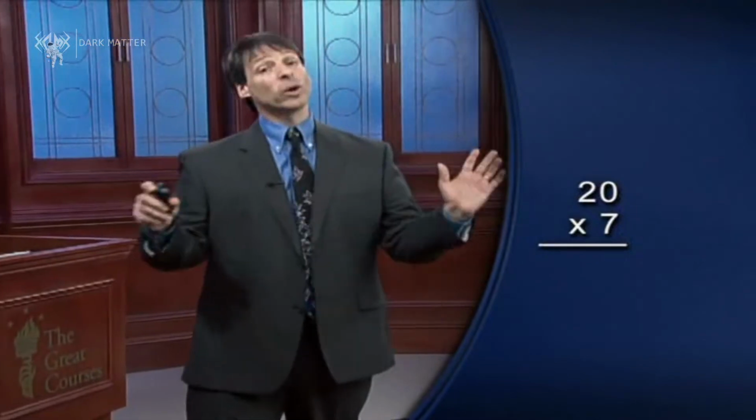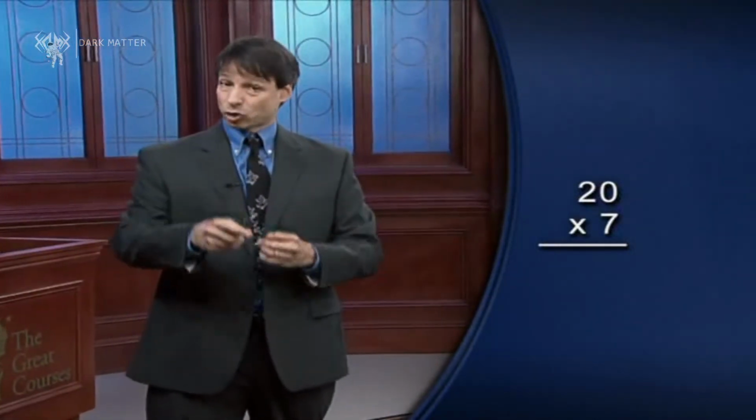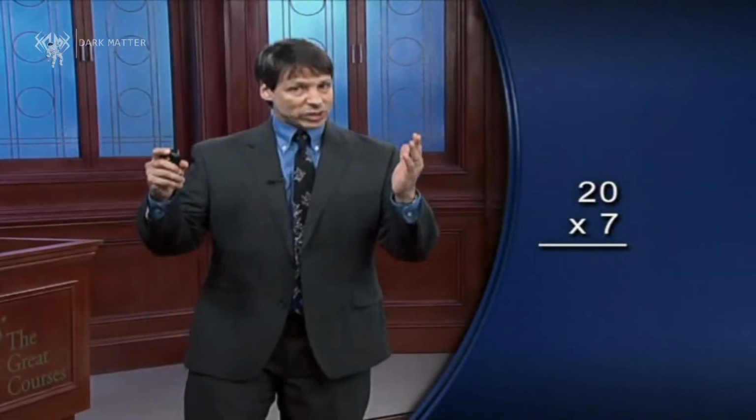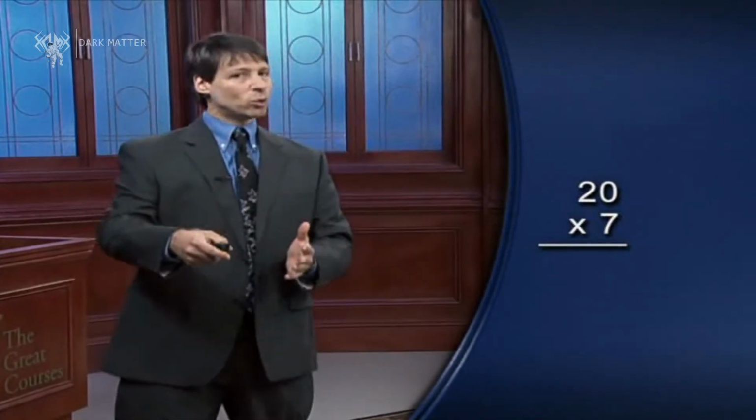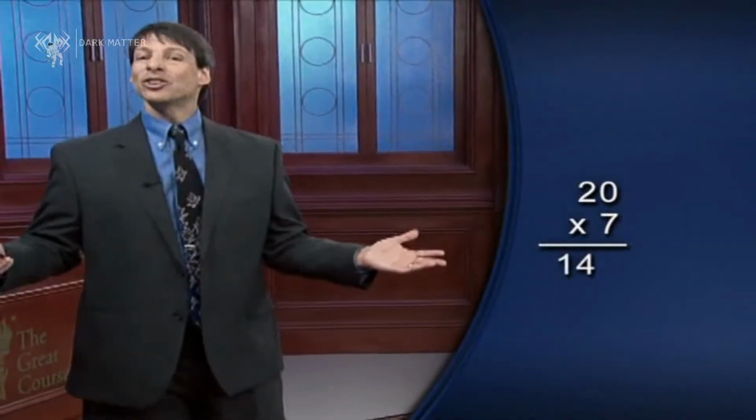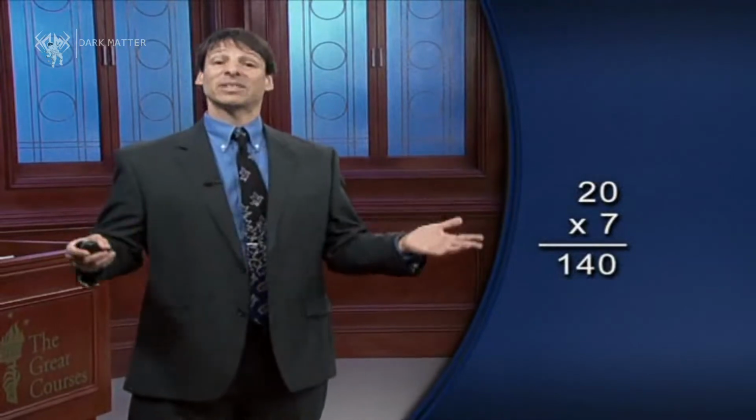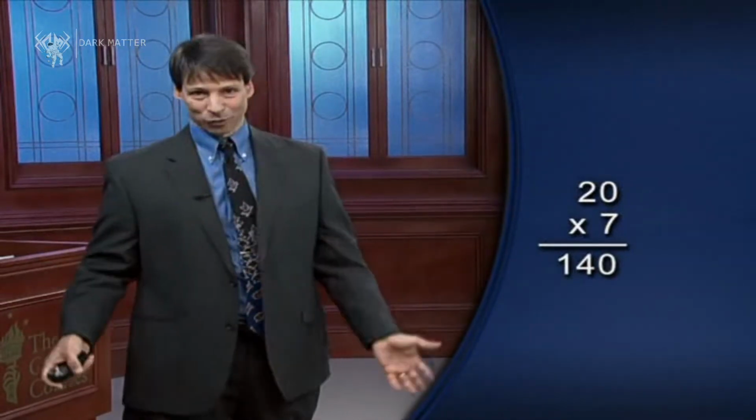We'll start with a very, very simple 2-by-1, 20 times 7, or equivalently, 7 times 20. So, we start by doing 7 times 2, which is 14, so we instantly get 7 times 20 is 140.